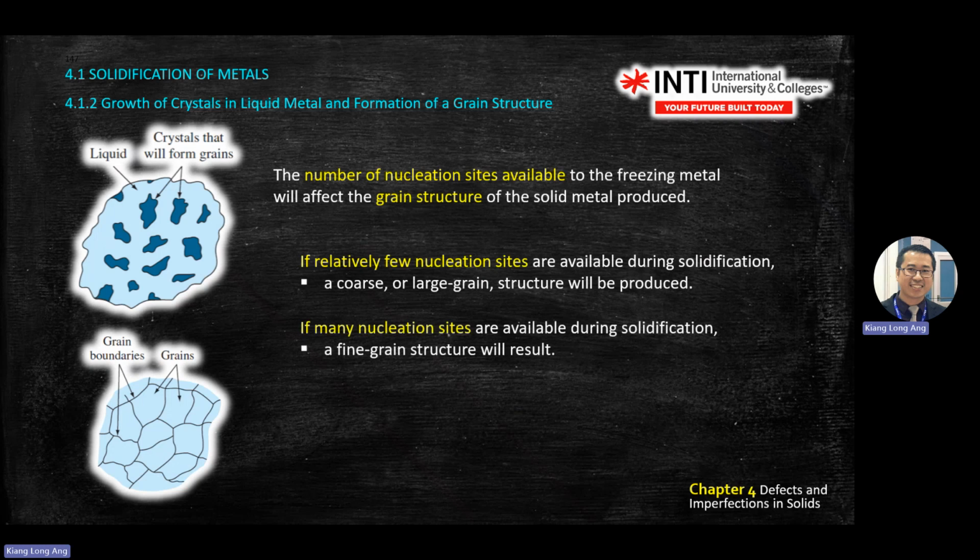If there are relatively few nucleation sites during solidification, then you will form a coarse grain structure, meaning very big grains. But if you have many nucleation sites, like a lot of chicken pox, then you form a fine grain structure. Imagine one side has chicken pox like 4 dots. These 4 dots will grow and form a very big coarse grain structure.